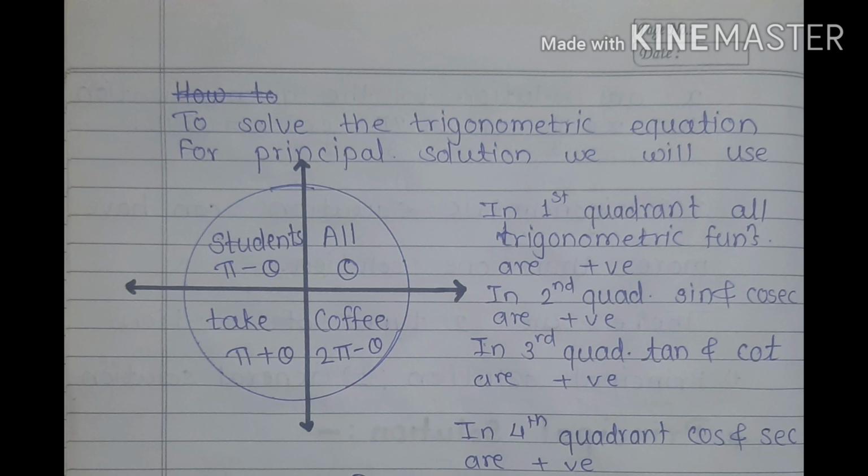We can remember this by a sentence: all students take coffee. And the angles we have to take: in first quadrant, theta; in second quadrant, pi minus theta; in third quadrant, pi plus theta; and in fourth quadrant, 2 pi minus theta.